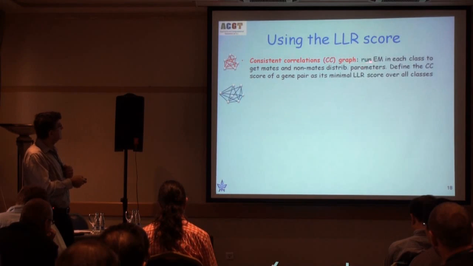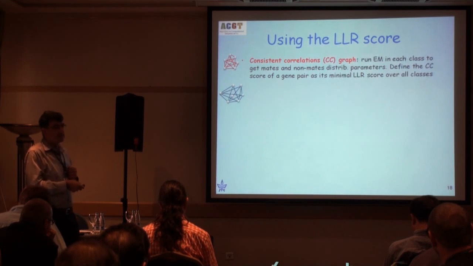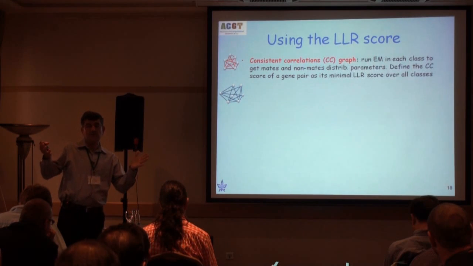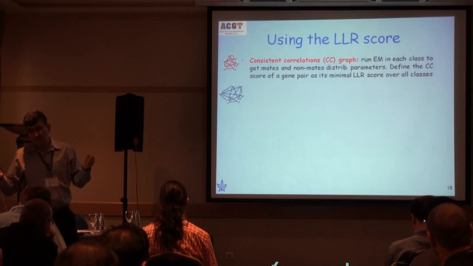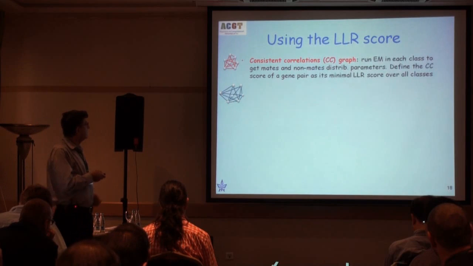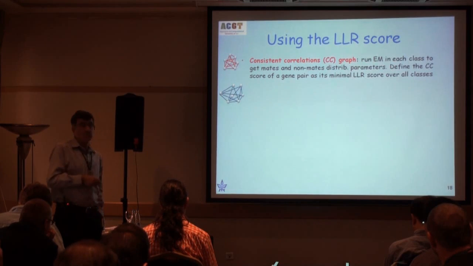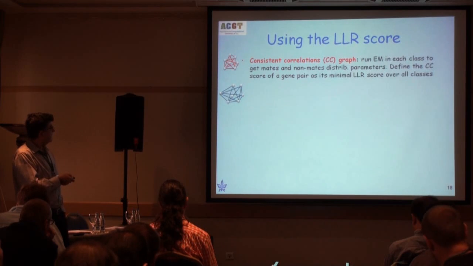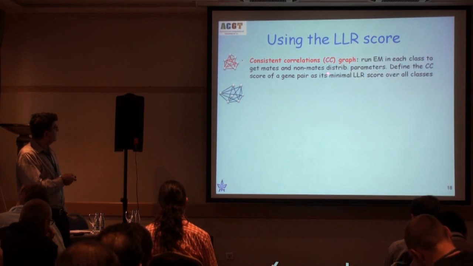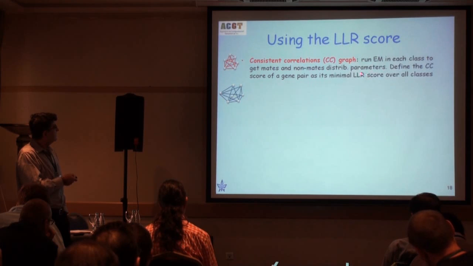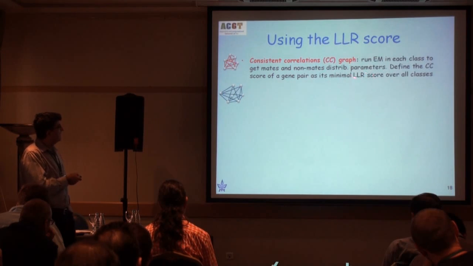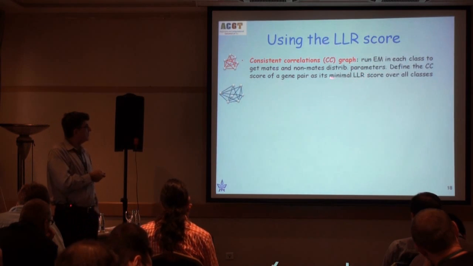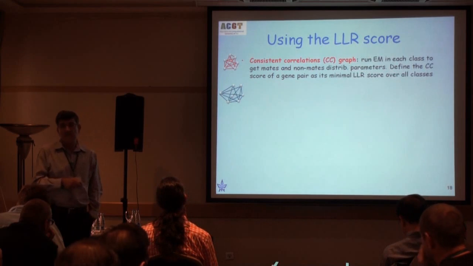And we use EM to identify, so we are getting a classical example of a mixture of Gaussians, and we use EM to learn the parameters of this value. And the score of a gene pair is its log likelihood ratio score, and if there are multiple classes, we take the minimum.